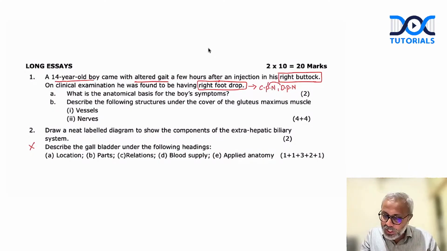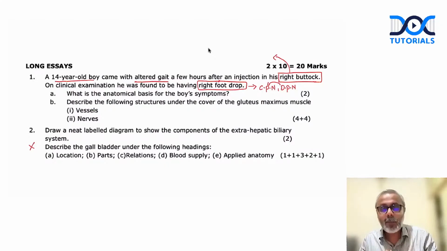But where is the injection given here? The injection is given here in the right buttock. So is there a chance of injury of common peroneal nerve here higher up? Remember, the nerve that is possibly injured here is the sciatic nerve.